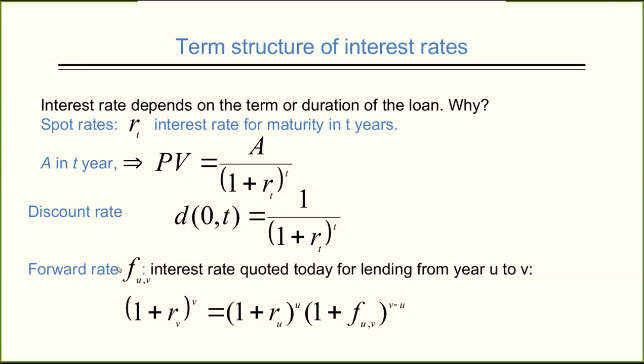But forward rate, quoted today for lending from year U to V. For example, you have some dollars and you would like to put it in a bank account for 3 years.